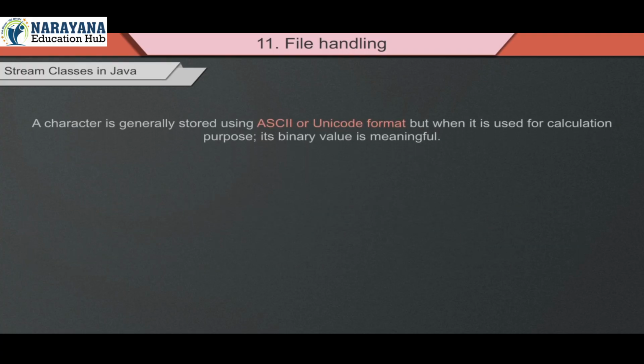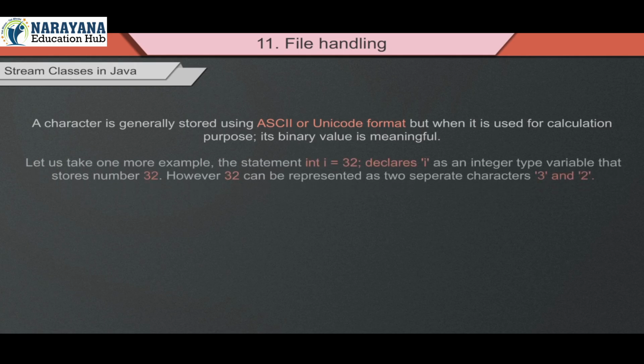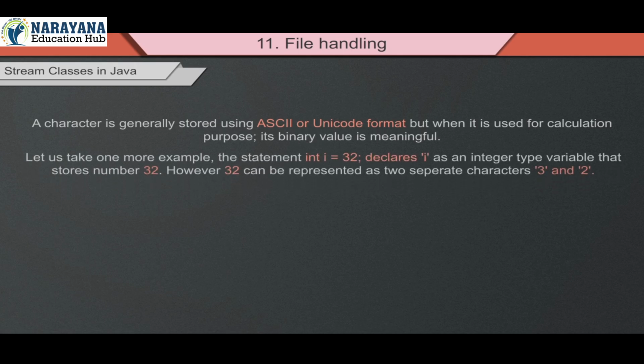A character is generally stored using ASCII or Unicode format, but when it is used for calculation purposes, its binary value is meaningful. Let us take one more example. The statement int i = 32 declares i as an integer type variable that stores number 32.